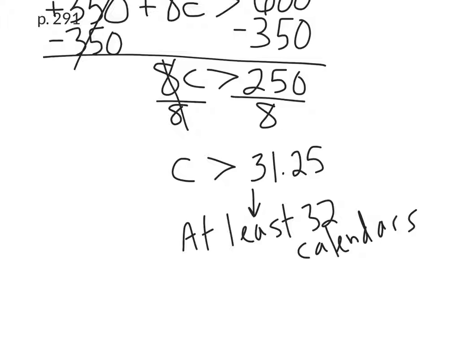A way to check your answer here, if you did 32 times 8, you can make sure that combined with the $350 that would be more than $600, or if we did our first step correctly, just making sure that 32 times 8 was more than $250.